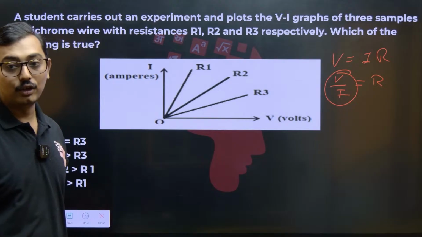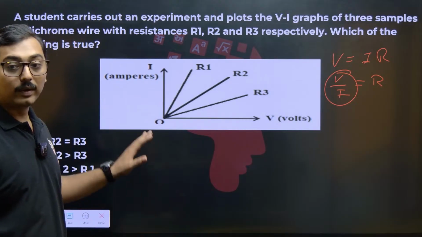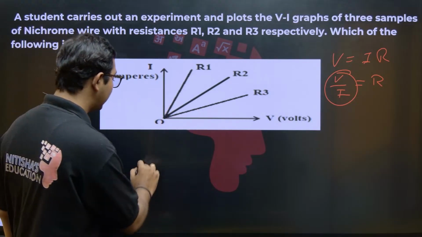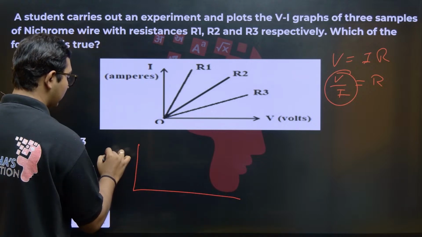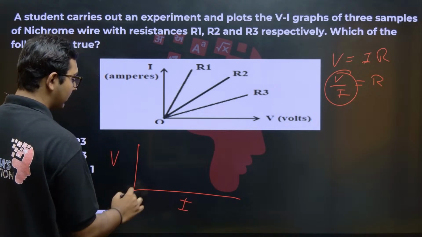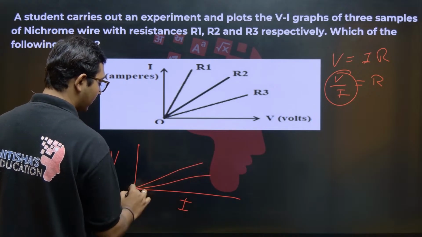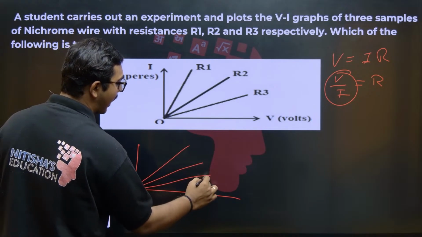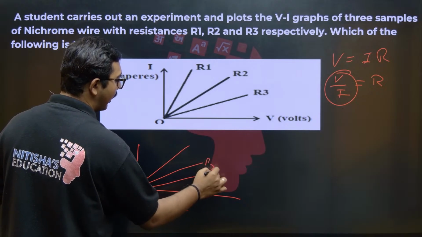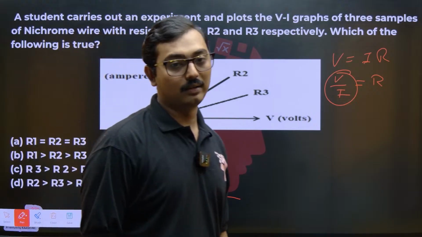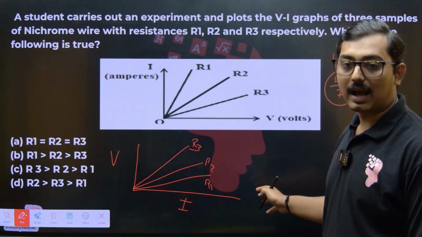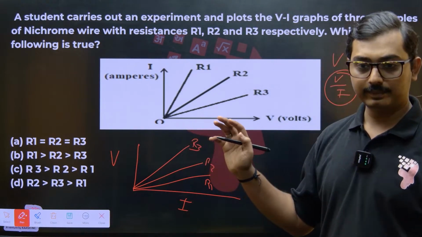So right now you are to restructure this graph with voltage and current axes, and you will label these as R1, R2, R3.